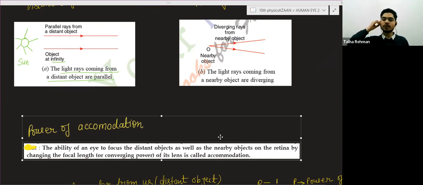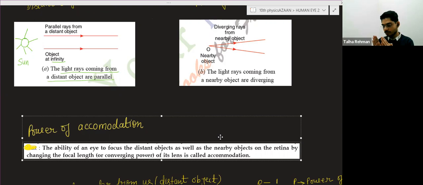So basically, the power of accommodation is the ability of an eye to focus the nearby object and to focus the distant object by changing the focal length.